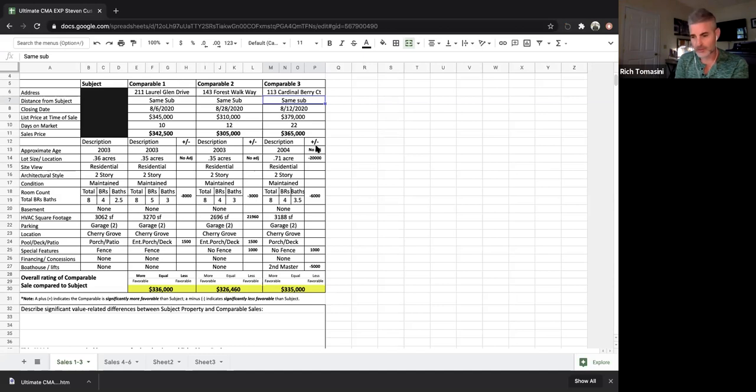But I can tell you one thing, if we did price per square foot, well, let's do that real quick. Just curious. I hadn't thought about this. Price per square foot: $342,500, sale one, divided by 3,270. That's $104.74.